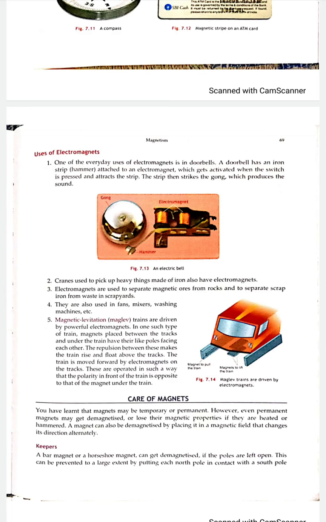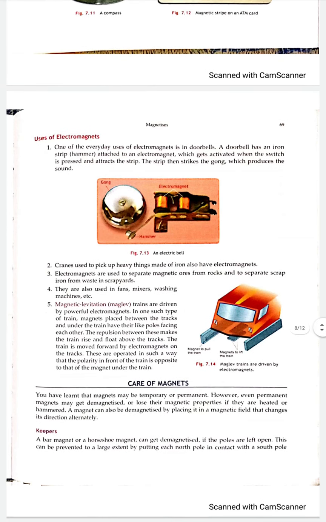Electromagnets are now used in magnetic levitation trains, in which trains run on railway tracks made up of powerful magnets. As soon as the current is switched on, the two magnets get activated. One is present on the rail track, another is present at the bottom of the train.